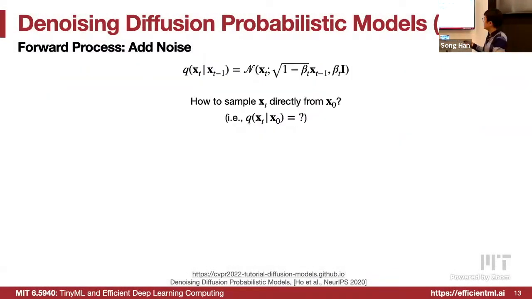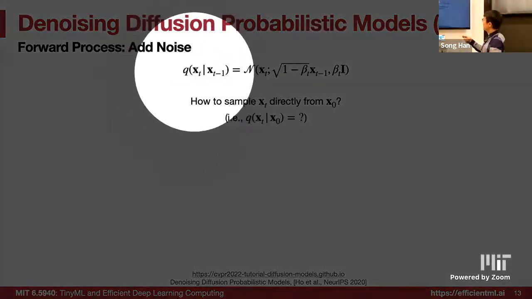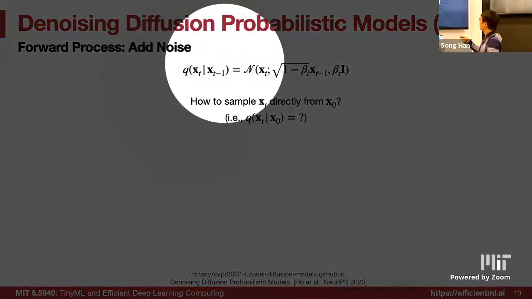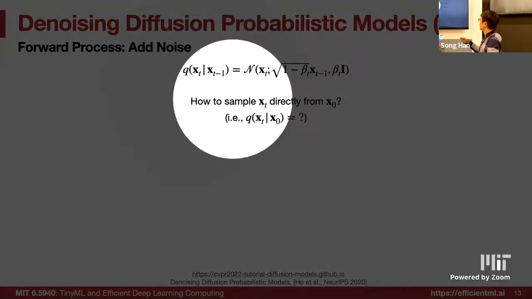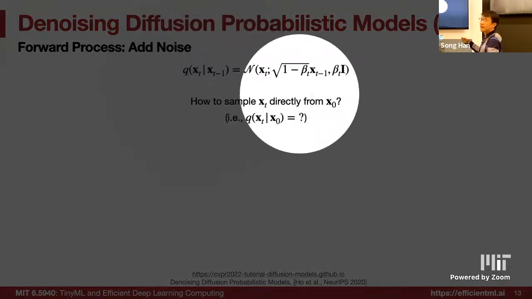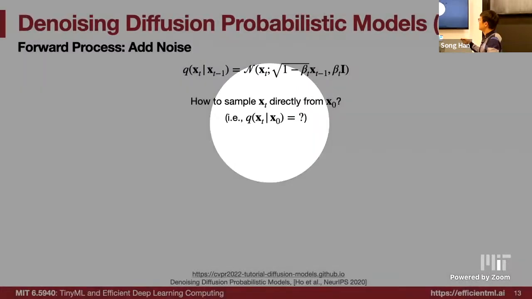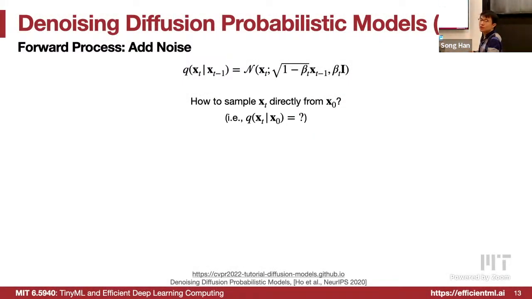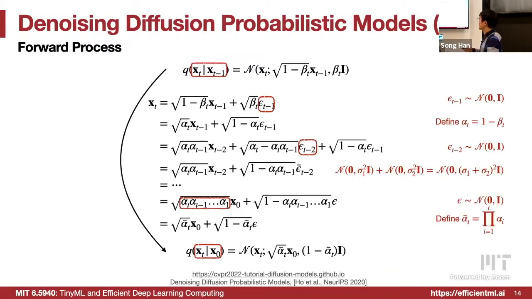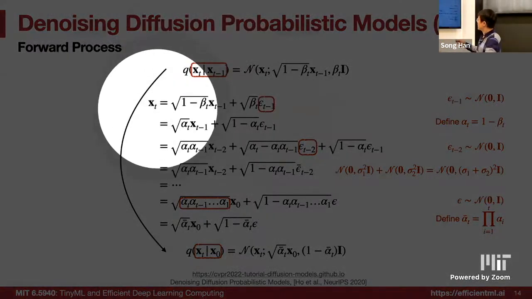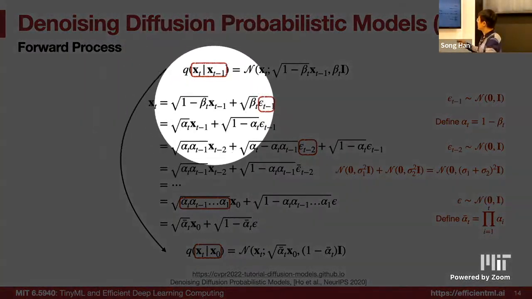So that's the forward process. To add noise, we get a relationship between x_t and x_{t-1}. And then what about sampling x_t directly from x_0, from the original clean image? How do we get the noisy image at time step t? This is a long derivation, but actually it's quite simple since x_t is linearly related to x_{t-1}.